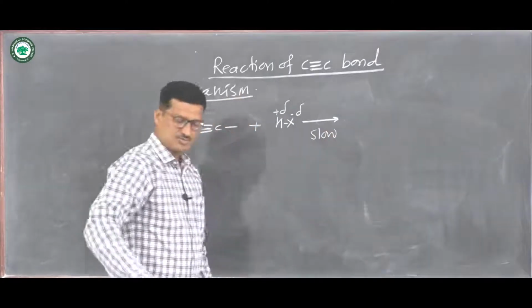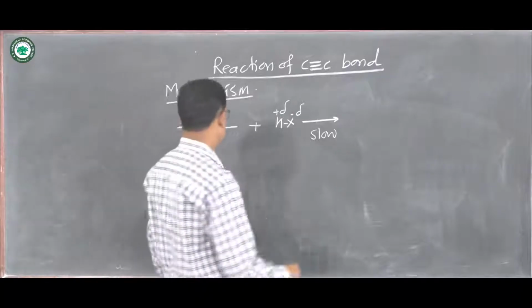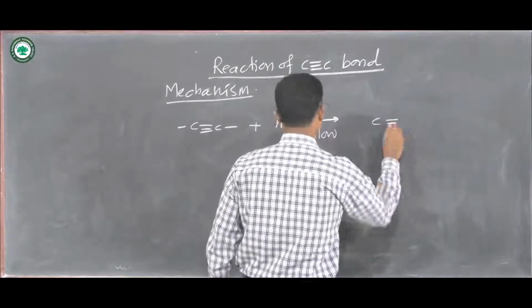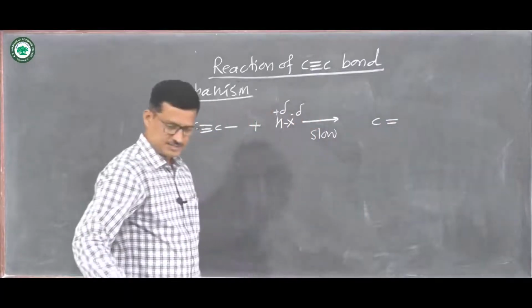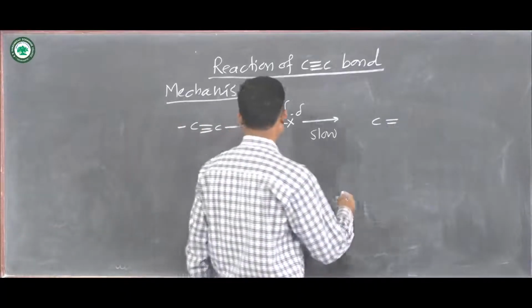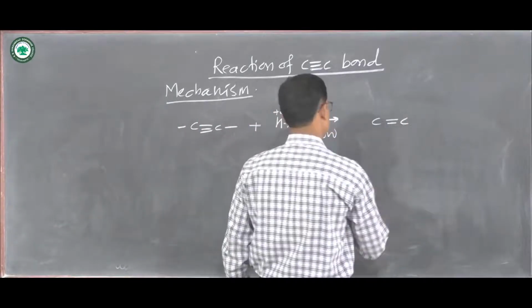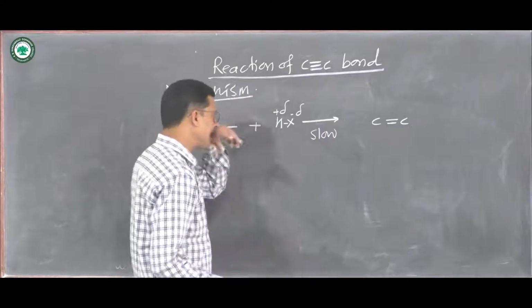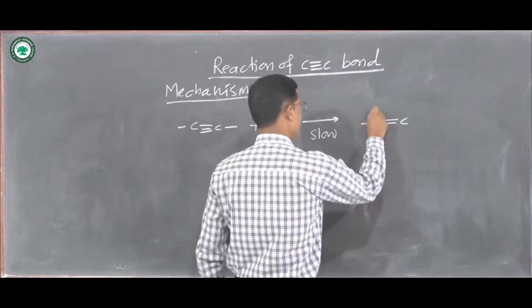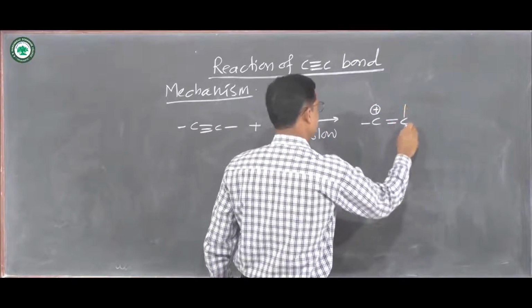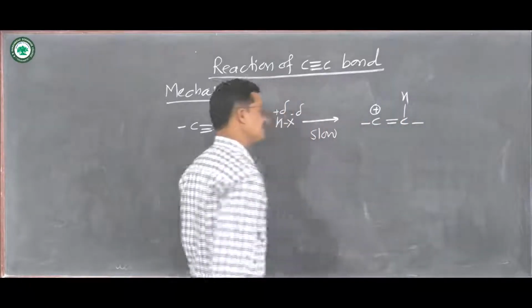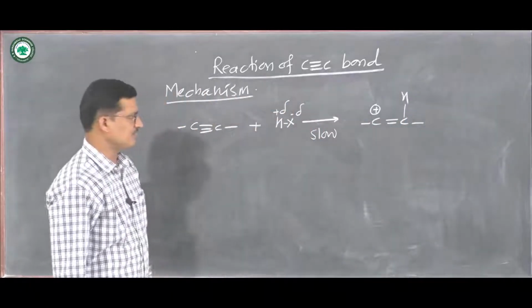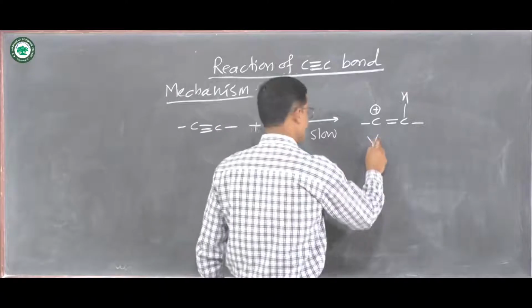And once this is added, then what happens here? There is a formation of a vinylic cation. And how does the vinylic cation formation take place? We write this way. Then we form this cation, and we write this type of intermediate. So we call it the vinylic cation.